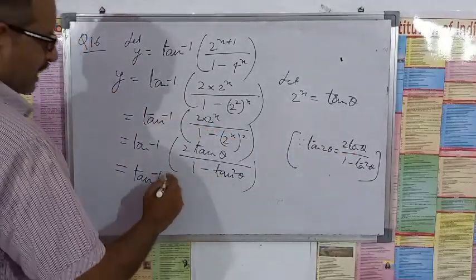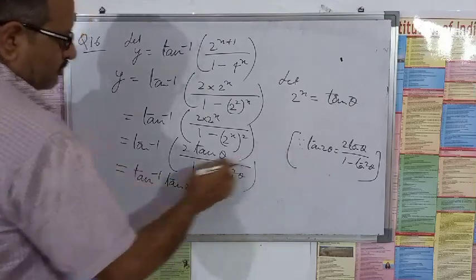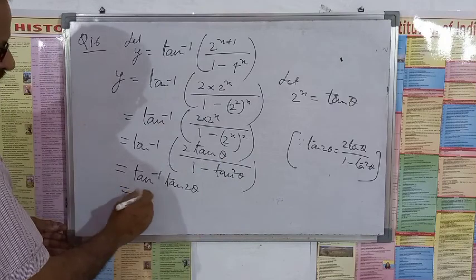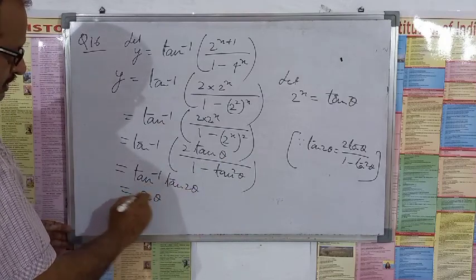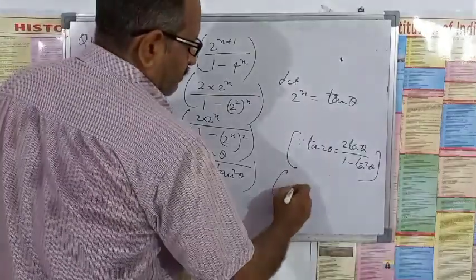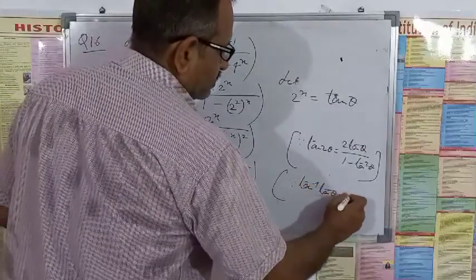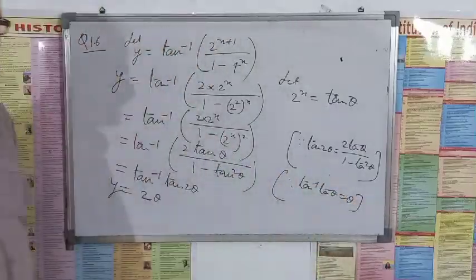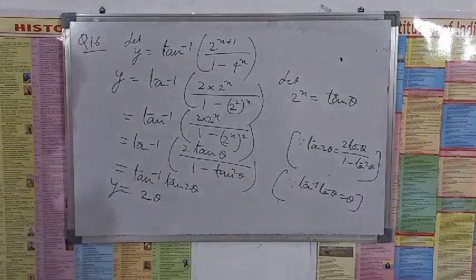So here we can write tan 2 theta. And we also know that tan inverse tan theta is theta. So y is equal to 2 theta. Property of inverse: tan inverse tan theta is equal to theta. So tan inverse tan 2 theta is equal to 2 theta.